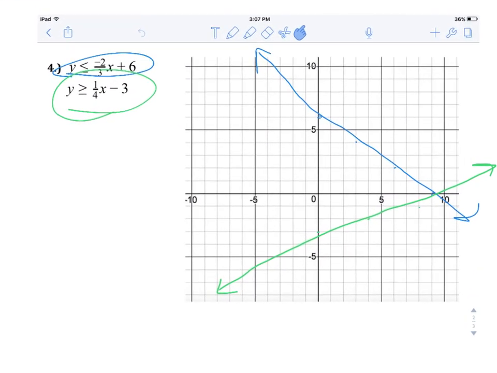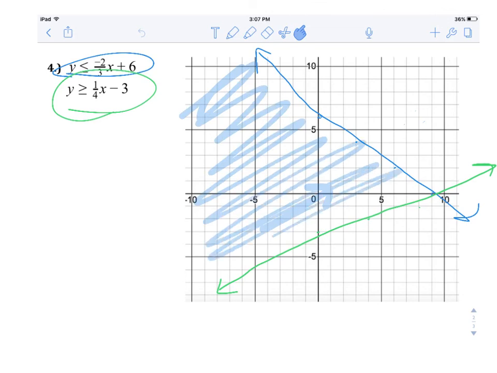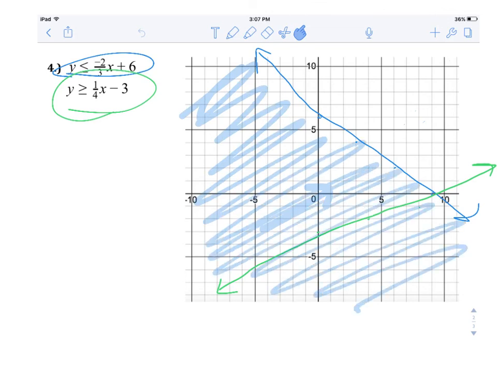With the shading, looking at my blue line first, similar to what we saw before, I have a top part and the bottom part. Since y is less than or equal to, we are going to shade below. So all of this down here. For our green, we have the top part and the bottom part.